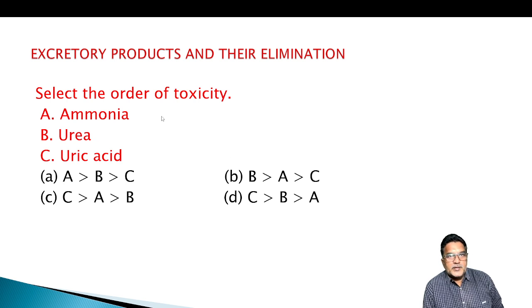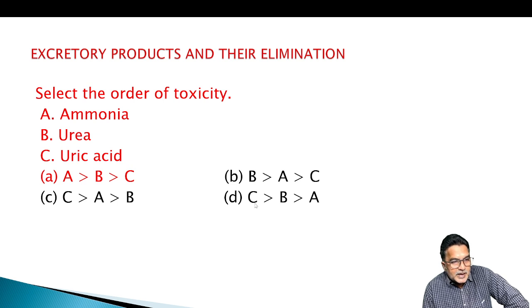Select the order of toxicity. We have to talk about the toxicity. Ammonia is highly toxic, urea moderately toxic, uric acid is the least toxic. So if it is the order of toxicity, higher order, we start from ammonia, then moderately toxic urea, then uric acid is the least toxic.